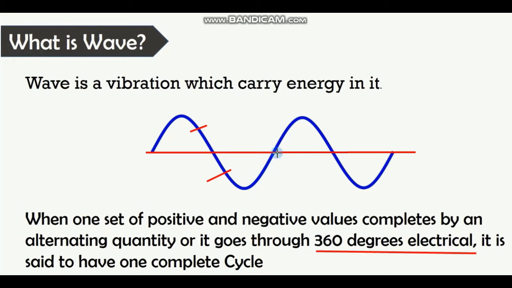This is called a cycle. So when one set of positive and negative values is completed by an alternating quantity, or it goes through 360 electrical degrees, it is said to have one complete cycle. So this is one complete cycle, and here we have two cycles. This is the first cycle, and here we have the second cycle.